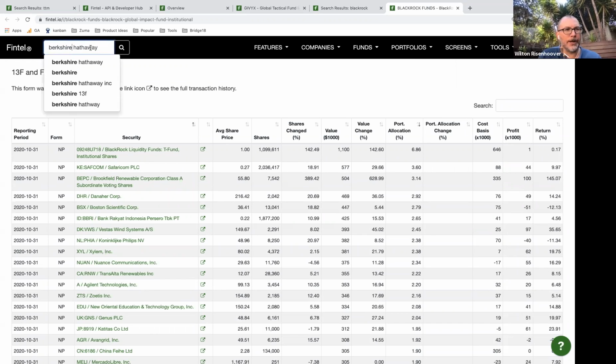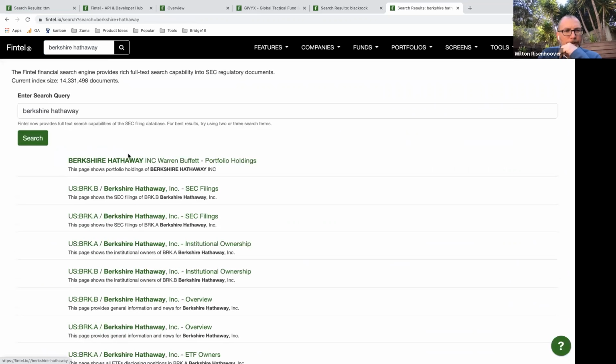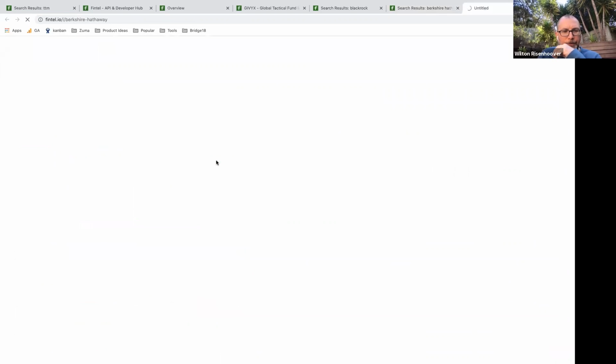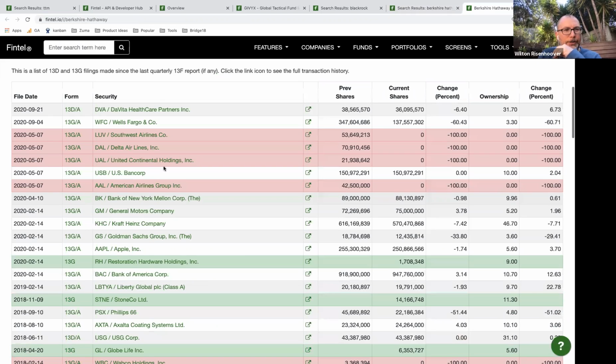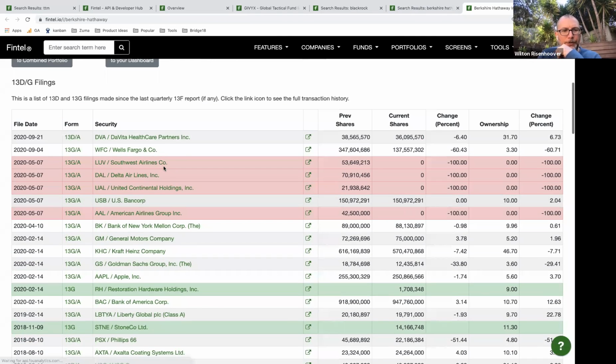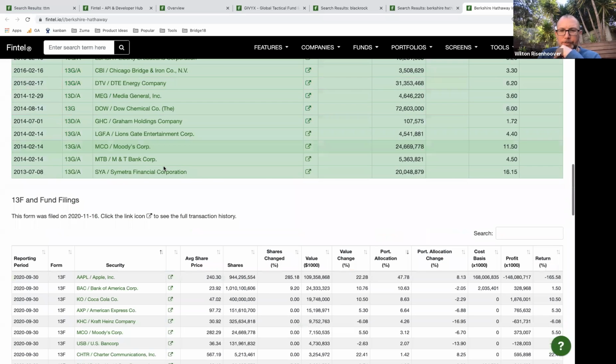I can do Berkshire Hathaway. I can do a search here. Berkshire Hathaway, Warren Buffett portfolio holdings is what we want. I'm going to click on that, and I can see what Warren Buffett owns right here. Here are the 13Gs that he's filed. And if you go further down, you can see all the 13Fs that he's filed.